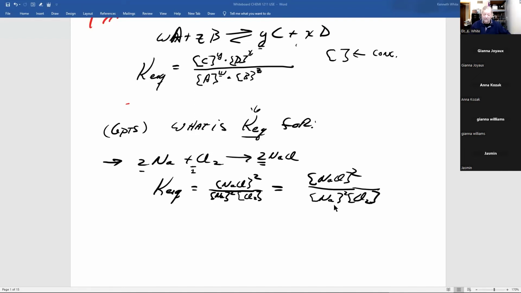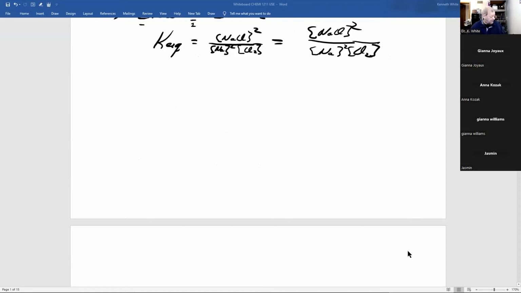Time out while I look up something. I'm looking in a book for some examples.